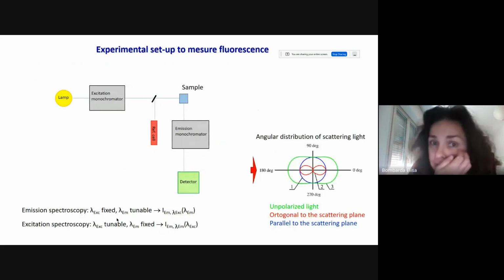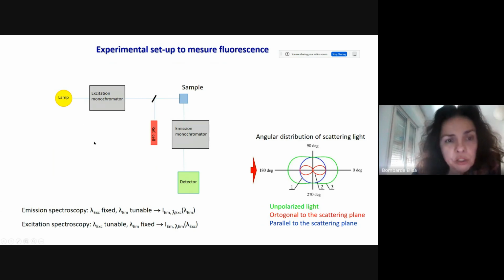Okay, now let's go to fluorescence. That is the configuration of a common fluorimeter. What is typical here, as you see, is that everything is at an angle of 90 degrees. So we have the excitation part here before the sample and the emission part.